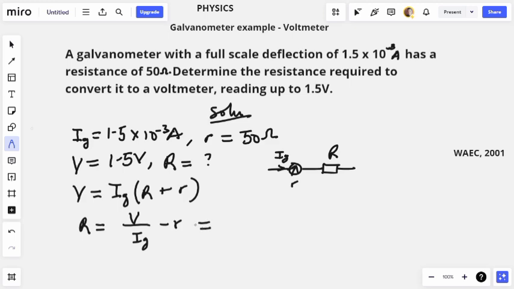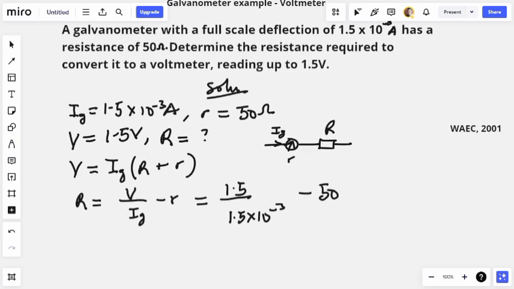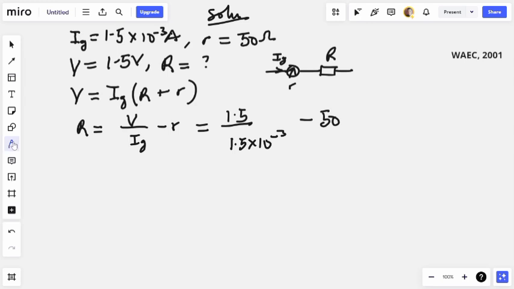So if we substitute into that, voltmeter reading is 1.5 divided by galvanometer current, which is another 1.5 times 10 raised to power minus 3, then minus r. r is 50. If we process that, 1.5 will cancel 1.5, and 10 raised to power minus 3, if you take it to the numerator, becomes 10 raised to power 3.